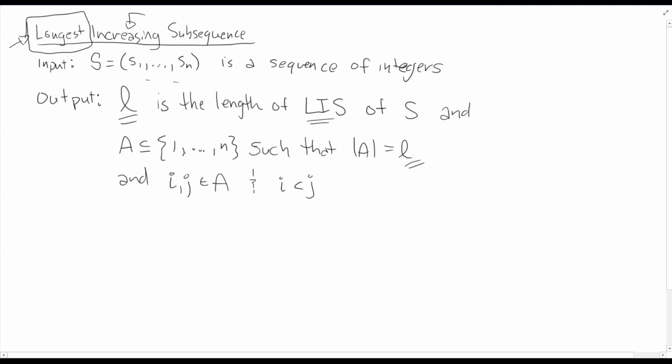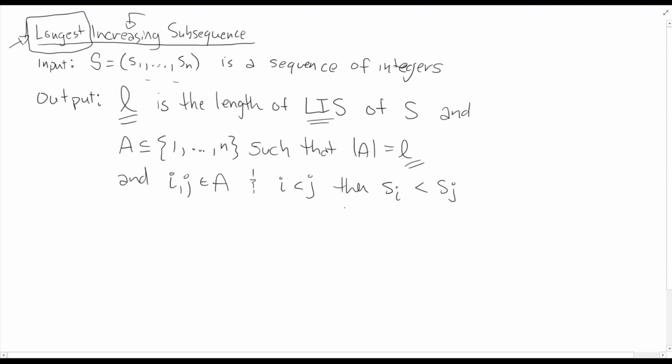Now what we want is for this sequence to be increasing. If the sequence that we've got here is actually increasing and i came before j in our original set, then the value at i should be less than the value at j. So if i and j are in our set A and i is less than j, then we must have S sub i is less than S sub j.